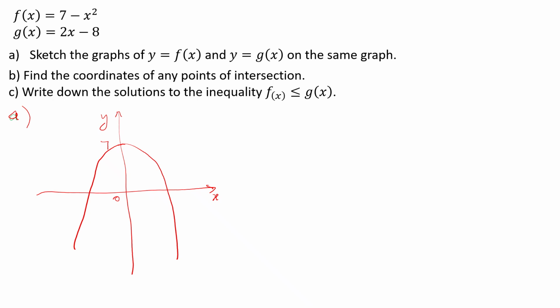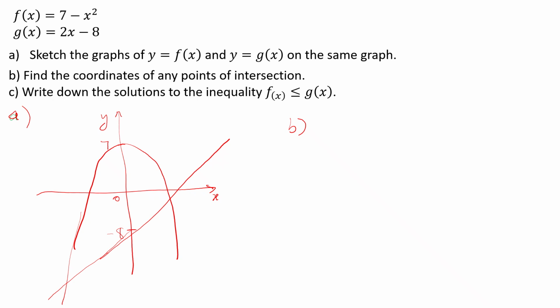So y-intercept is negative 8. The gradient is 2. Now the second part, find the coordinates.